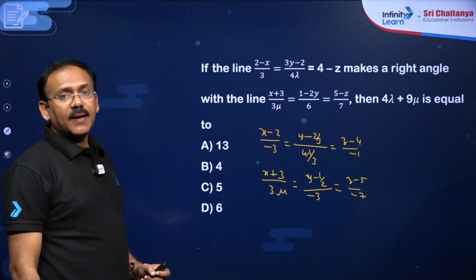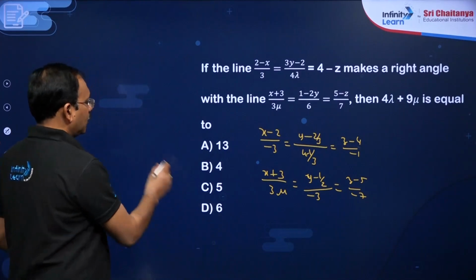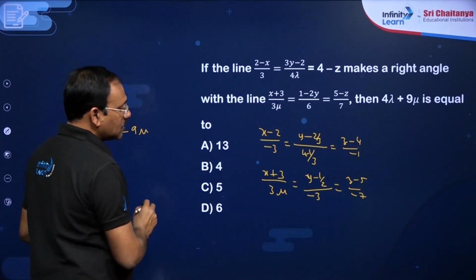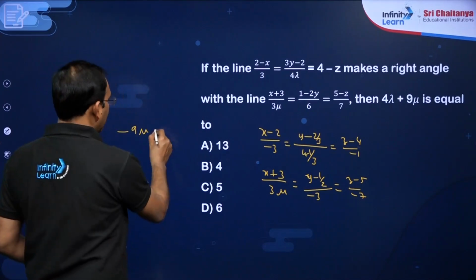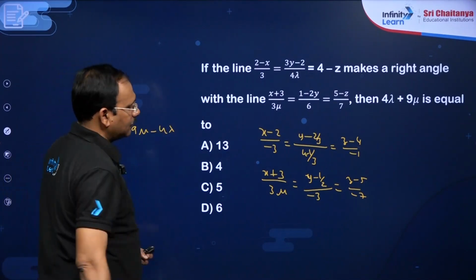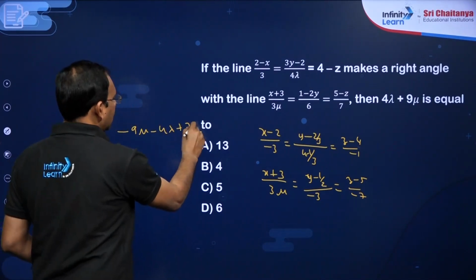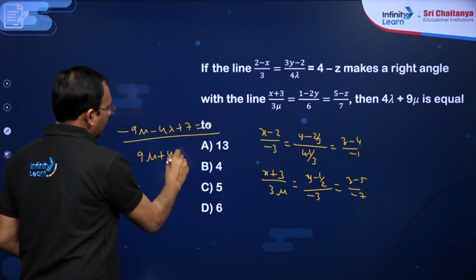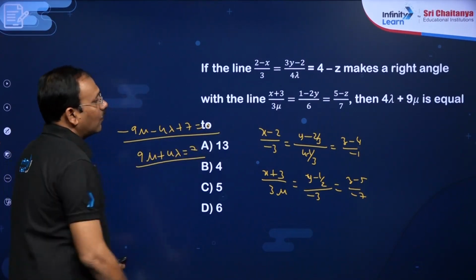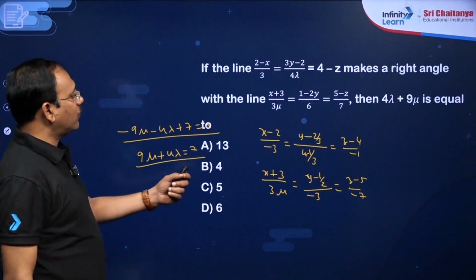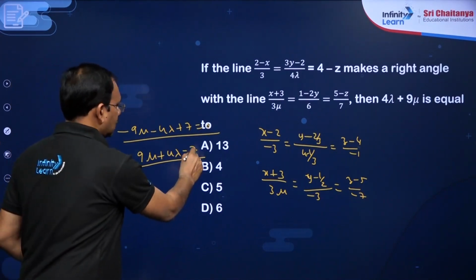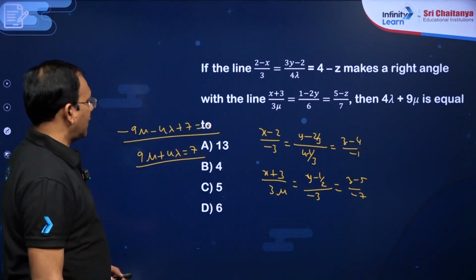So you can apply a bar dot b bar equal to 0. This is minus 9 mu. If you multiply 3, minus 4 lambda plus 7 must be 0. That is 9 mu plus 4 lambda is equal to 7. What is he asking? 9 mu plus 4 lambda, that is nothing but 7, my dear friends.